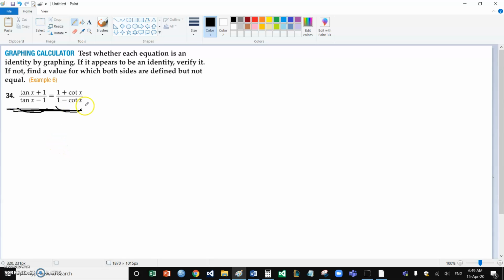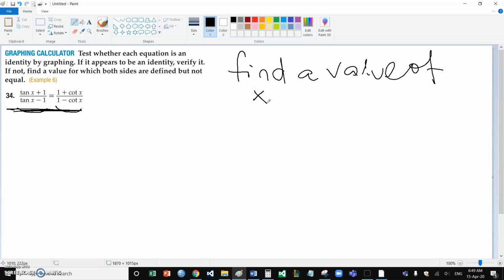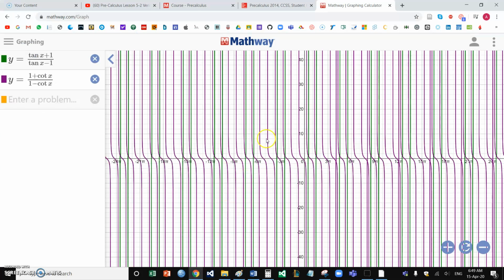Now we need to find the value of x for which both sides are defined but not equal. To do that, we need to look at the graph.